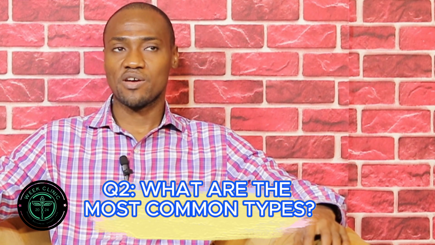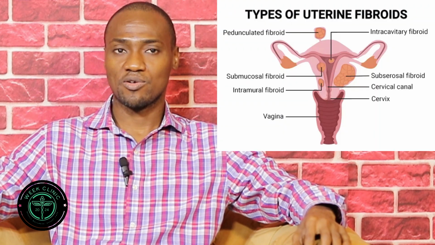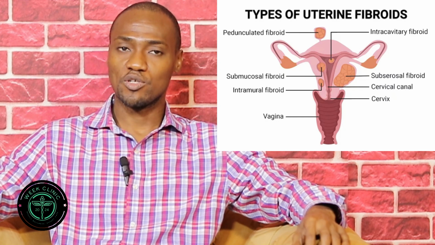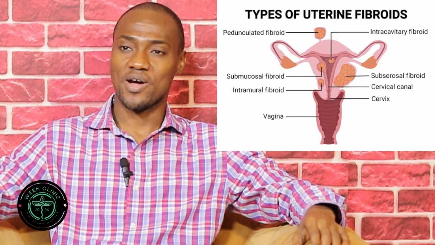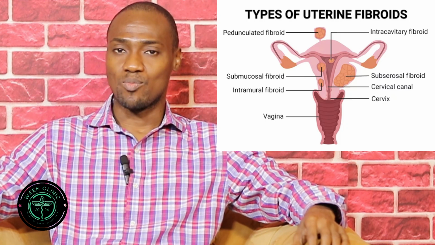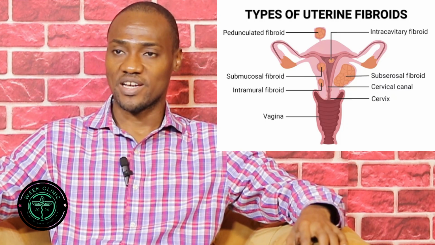The types of uterine fibroids are classified or named according to the parts of the uterus in which they are located, including the fundus, which is the largest upper part of the uterus, the cervix, and the sides of the uterus, which are known as the broad ligament.